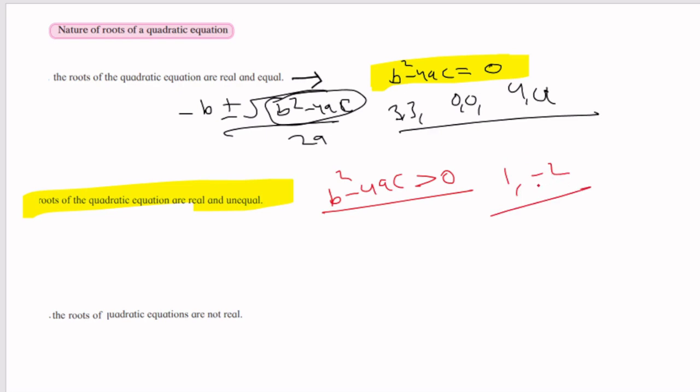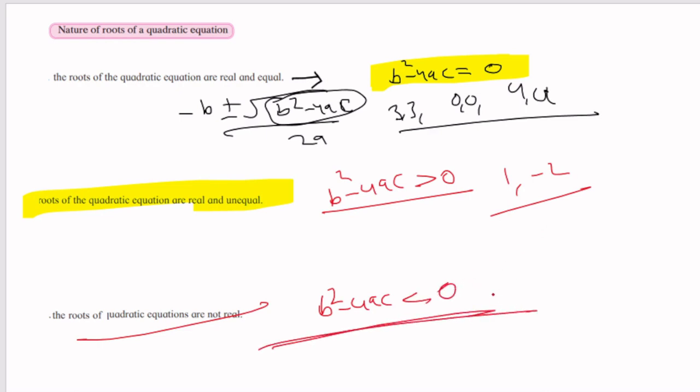Third, the roots of a quadratic equation are not real the moment b square minus 4ac is less than 0. If this value is less than 0, it means your roots are not real. So you cannot proceed in 10th standard.